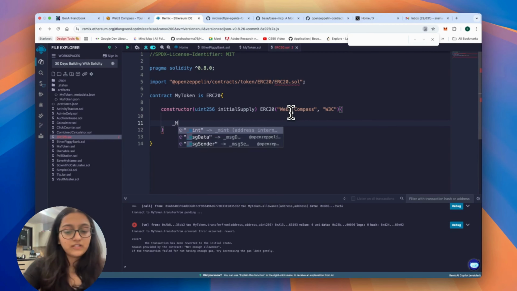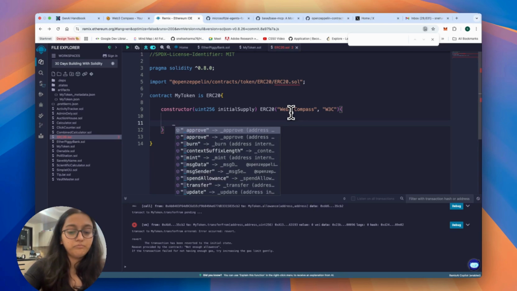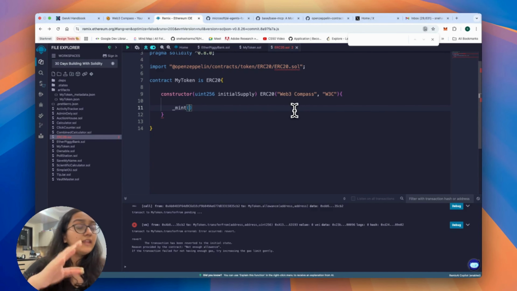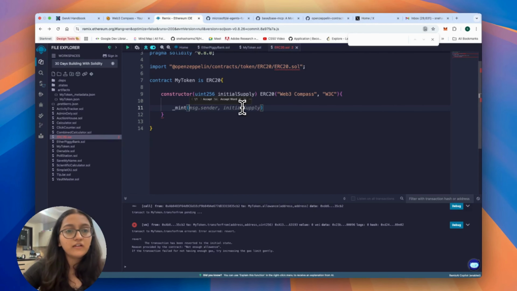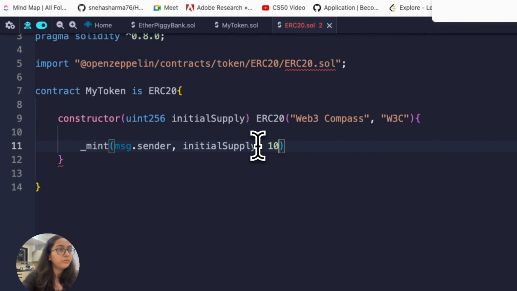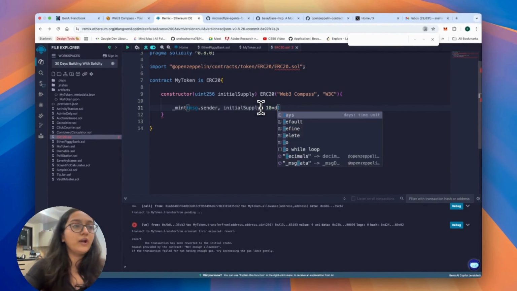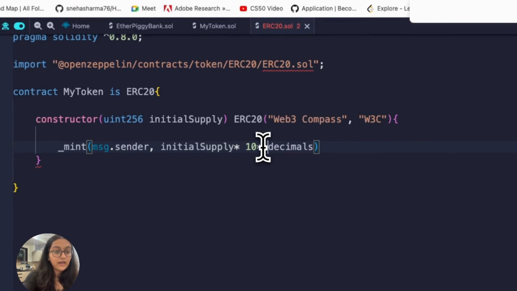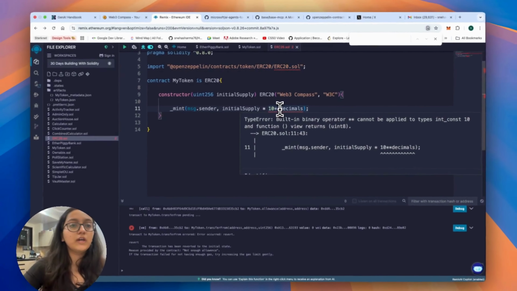And then it will use an internal function called mint. Okay. You'll read about this, and then this entire mint has to be given two things, msg.sender and an initial supply. Here, initial supply has to be multiplied by 10 to the power of decimals, and the decimals are by default taken as whatever you're providing, but generally 18 is what we provide.